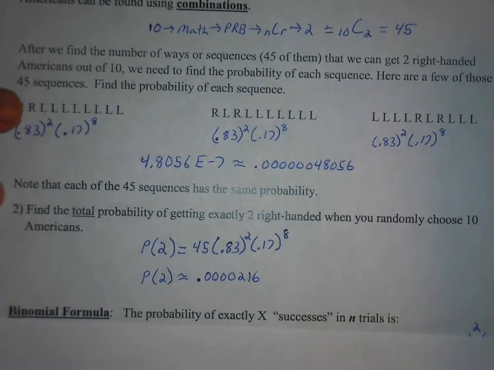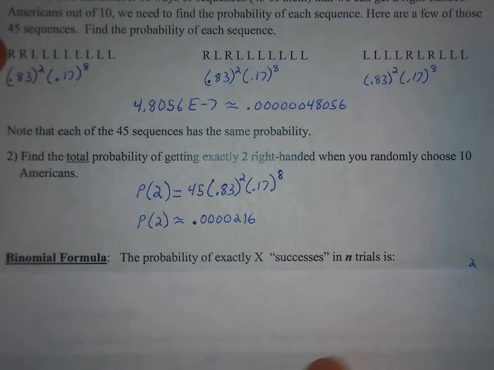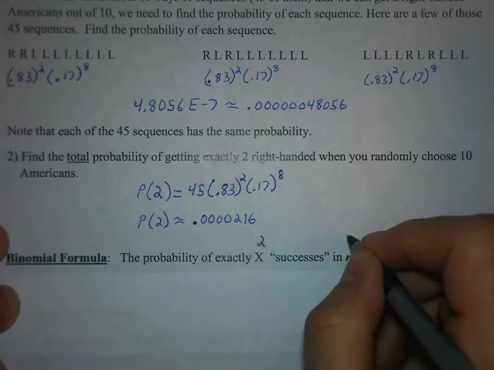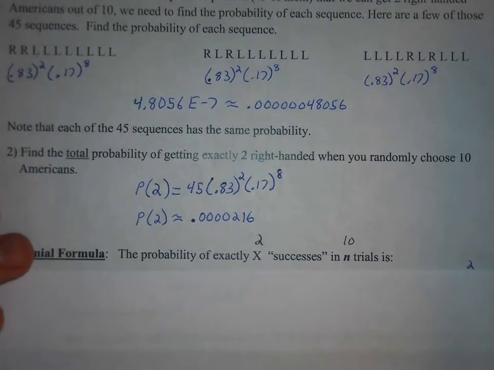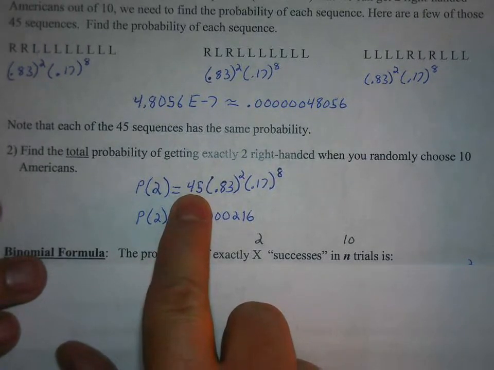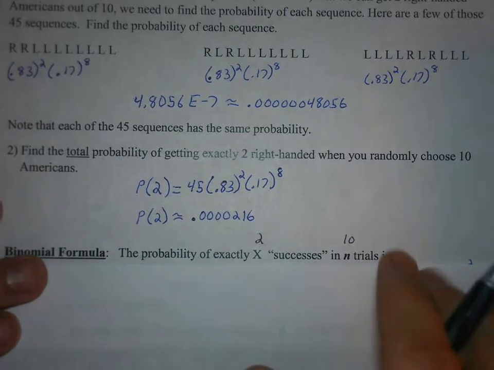Okay, so what we can do now is come up with a binomial formula of getting x successes in n trials. So in this case, we had 2 successes in 10 trials. So in our case, x was 2 successes in 10 trials. Okay, so what we can do is you have to look at, well, where does the number of sequences come from? So the 45 here, that came from 10 people choosing 2 successes.